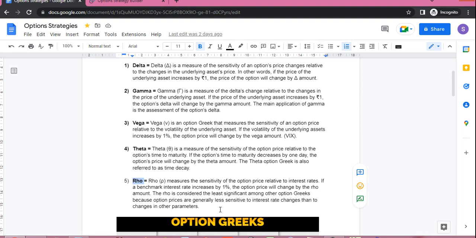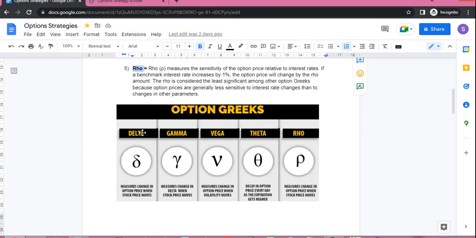That is why if interest rate goes up, then option price should go up. But since interest rate does not change every day, the effect of rho is seen mostly on the long term options. Now these are the symbols of option Greeks. This is delta, this is gamma, this is Vega, this is theta, this is rho, and below are some descriptions about them which we already discussed.